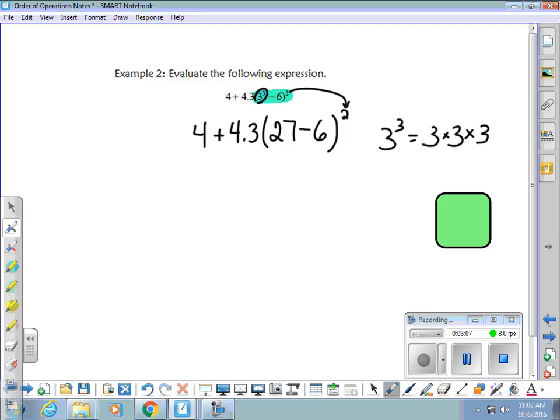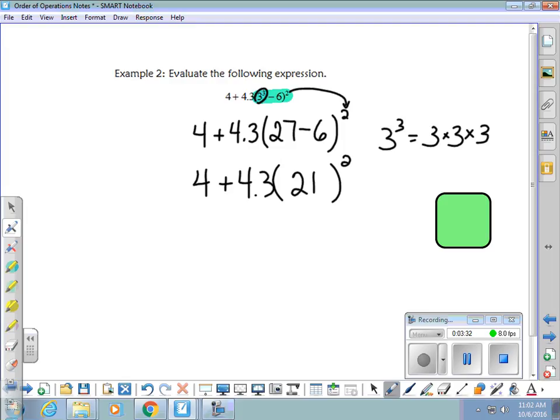I still need to finish this, so I bring down everything else, and I say 27 minus 6, and that gives me 21. I have now finished inside the parentheses. I no longer have grouping because there's nothing inside left to do.